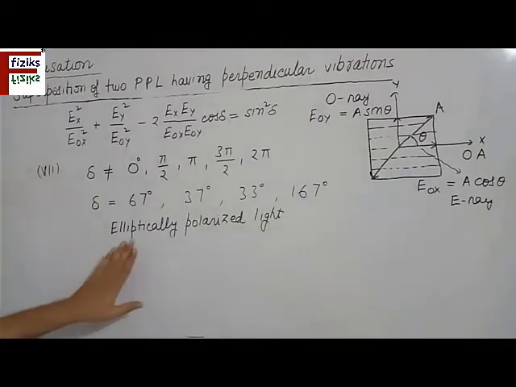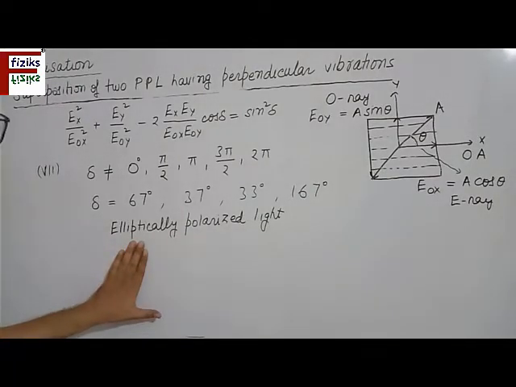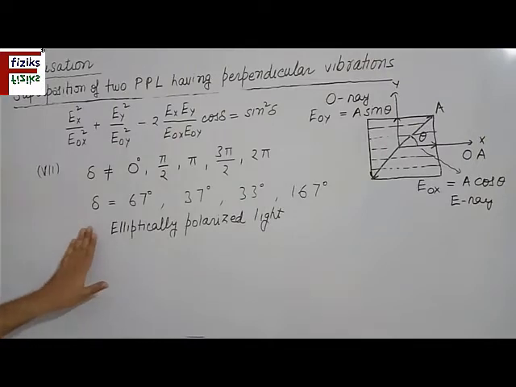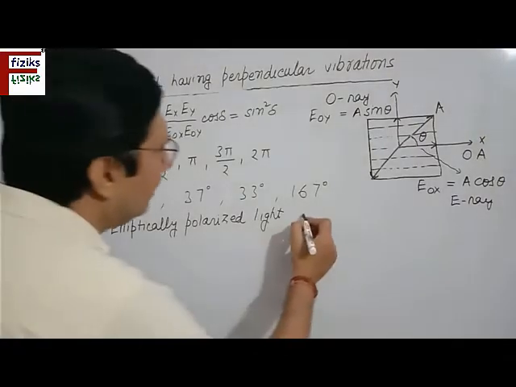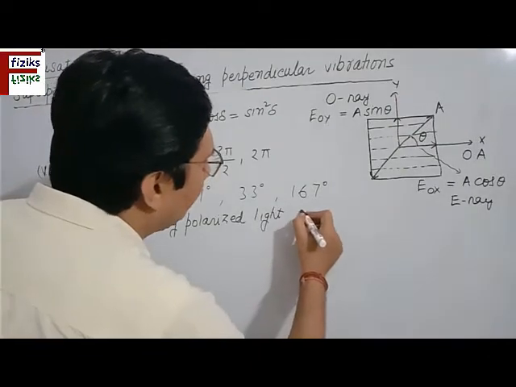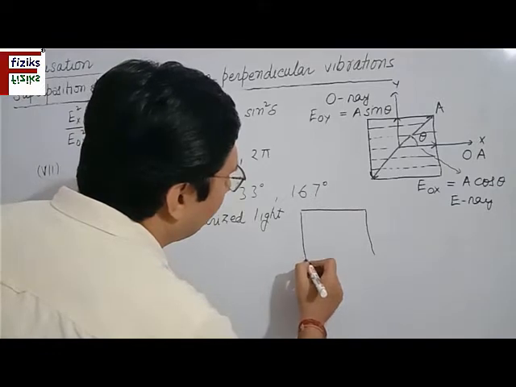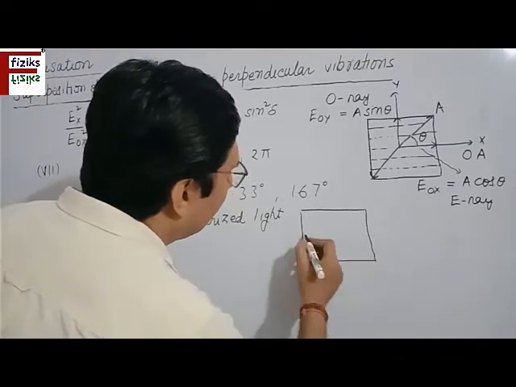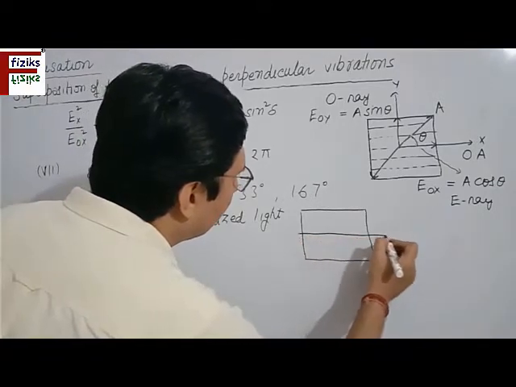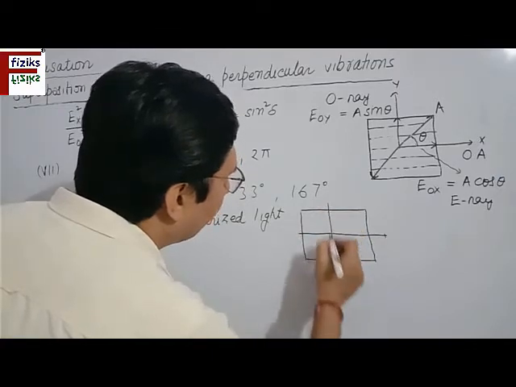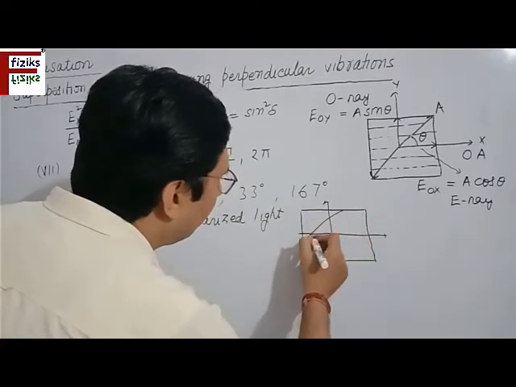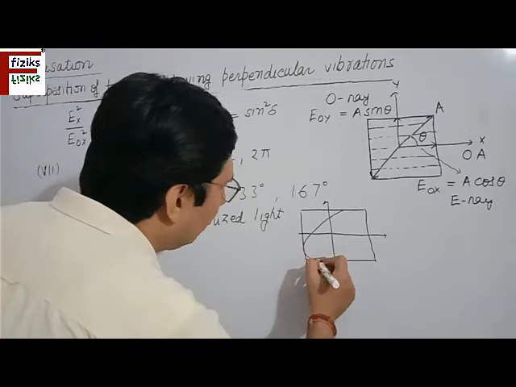But remember, this will not be a rectangular ellipse. This will be elliptically polarized light, and it will have this type of electric configuration.